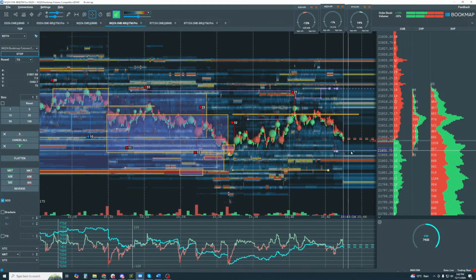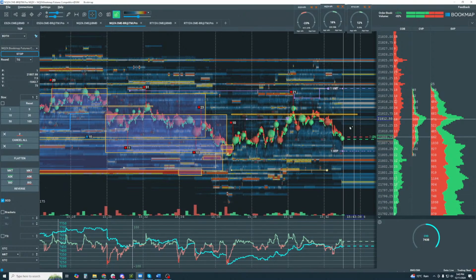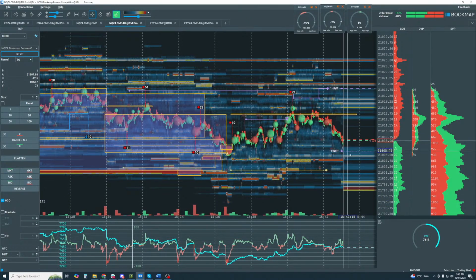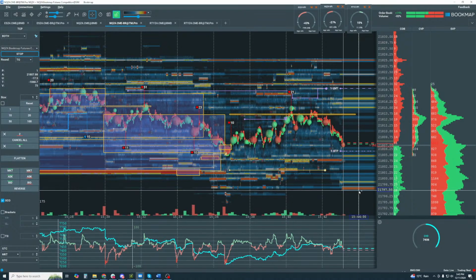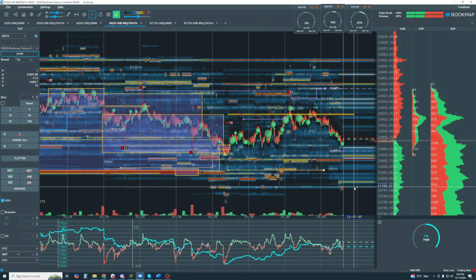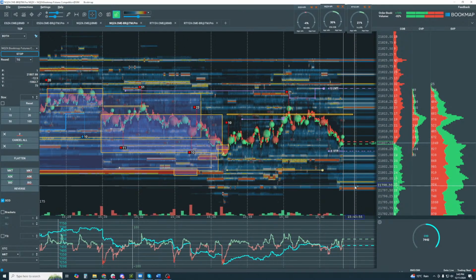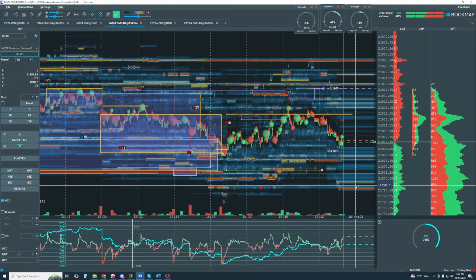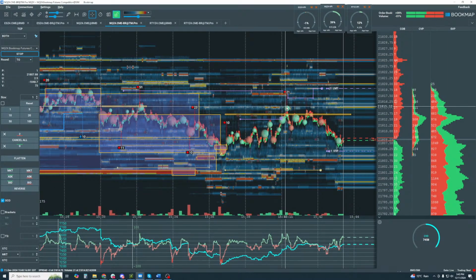Okay, we're going to get stopped out of this one. Sure, that's fine. That's our plan. We're looking for the squeeze and it's not materializing. Okay, we got a little bit of that squeeze here.